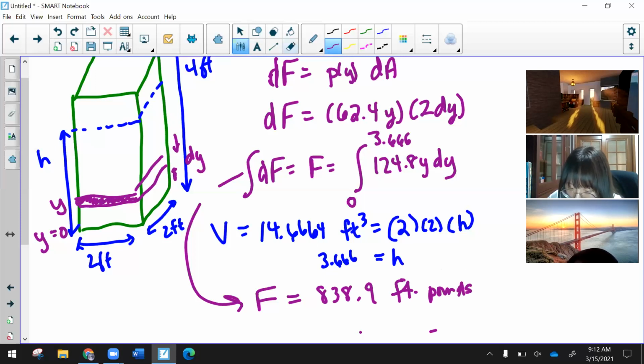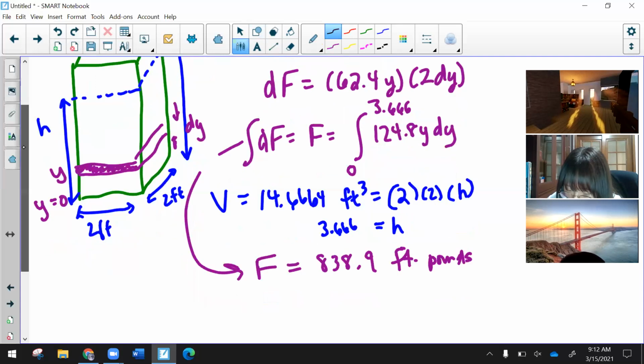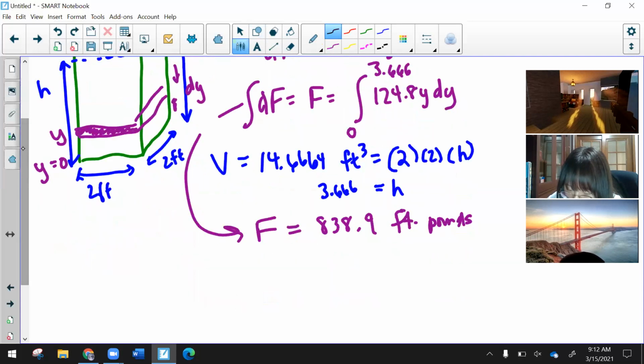pounds. So how does that compare, because that's really what this question asks, how does that compare to what the pressure was on a rectangular side when the tank was rectangular base down in part A? Yes, it's bigger. How much is it bigger by? Katie?